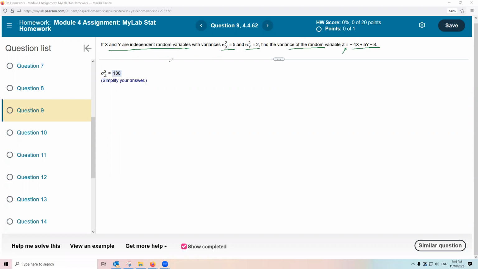All right, well, for this, we need a formula that looks like this. If you want to know the variance of this linear combination, ax plus by plus c, the way you set this up is you take a squared times the variance of x plus b squared times the variance of y plus 2ab, the covariance of xy.